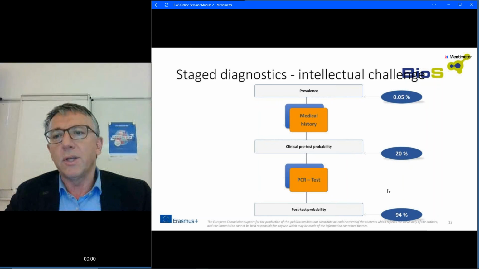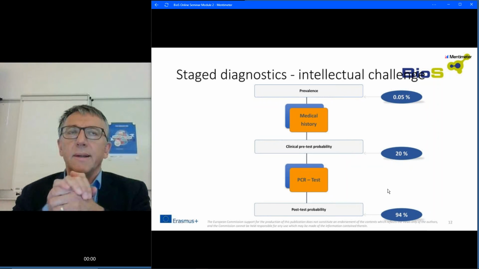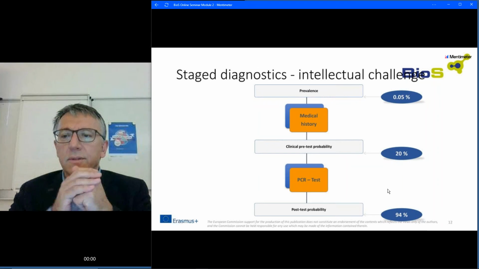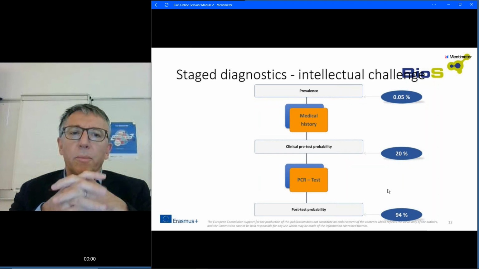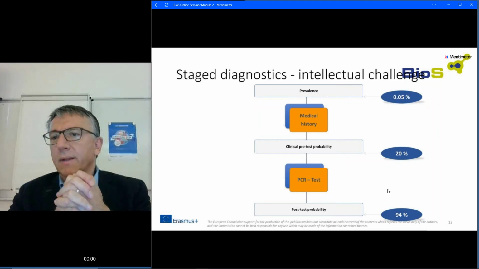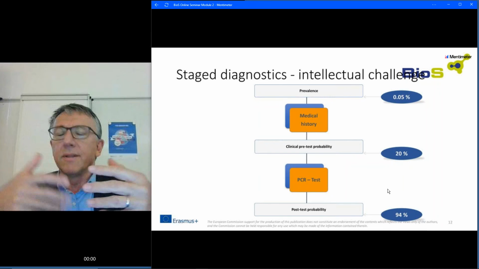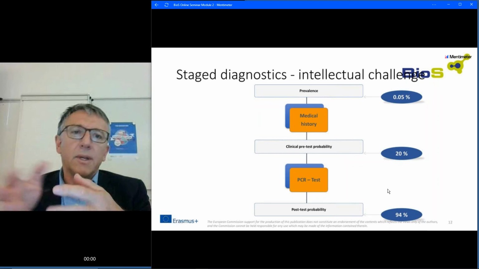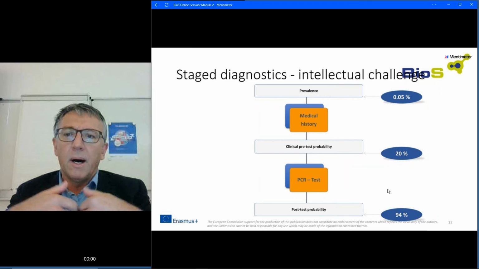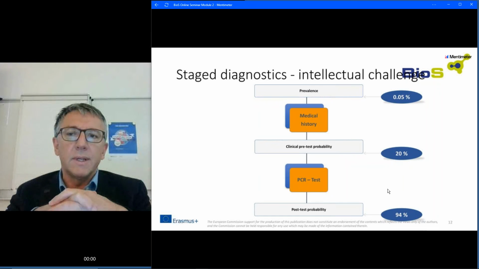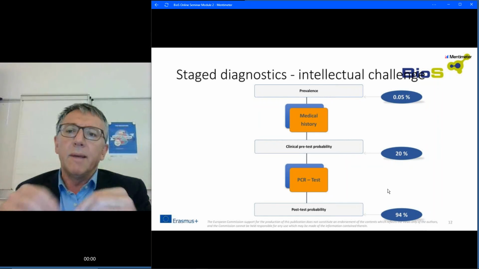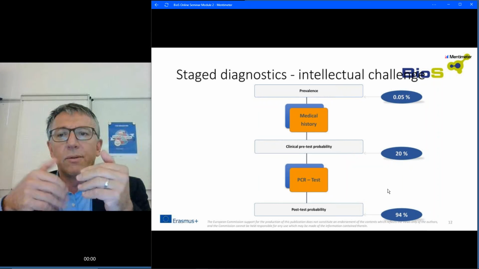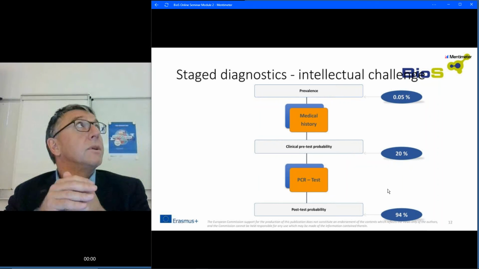However, this information that you obtain from the screening is, of course, very, very important for obtaining the prevalence in your population. So without knowing the prevalence in your population, you have no idea about the distribution of the coronavirus within the population, and you are not able to calculate the risk for each individual.